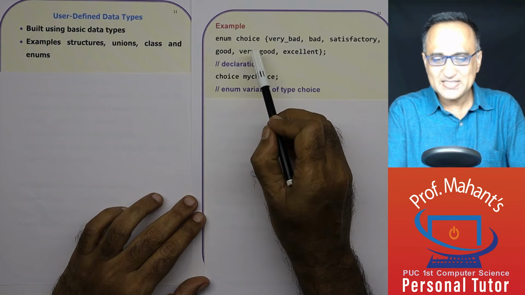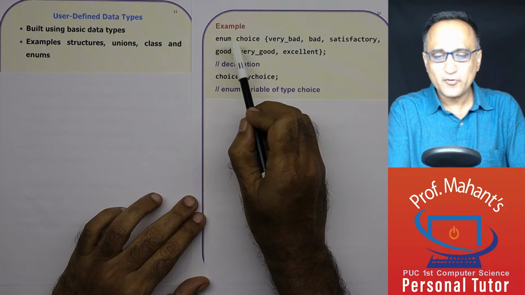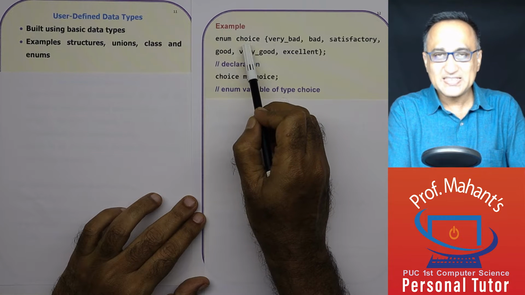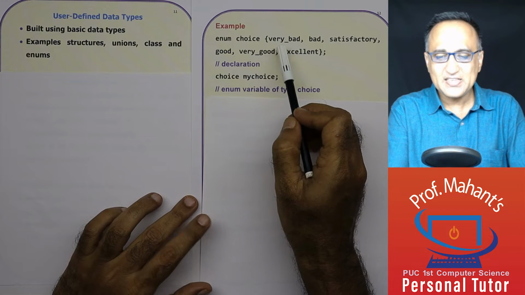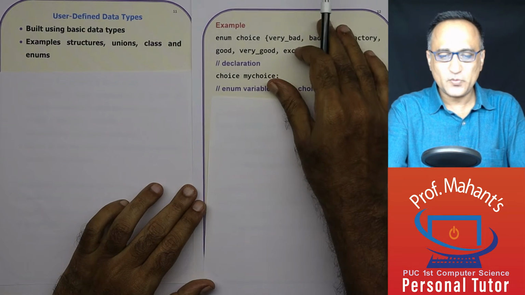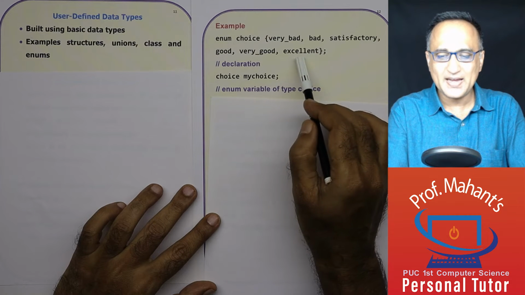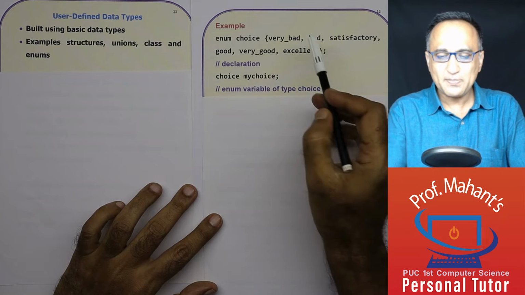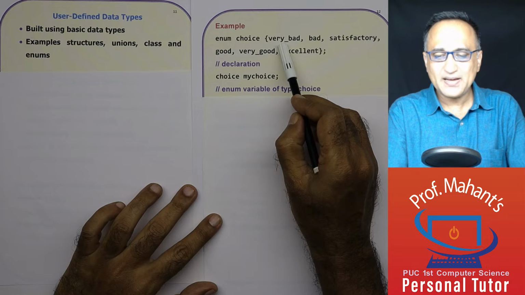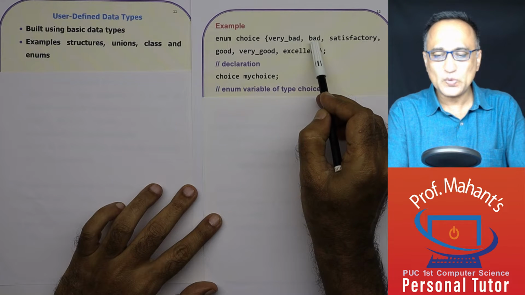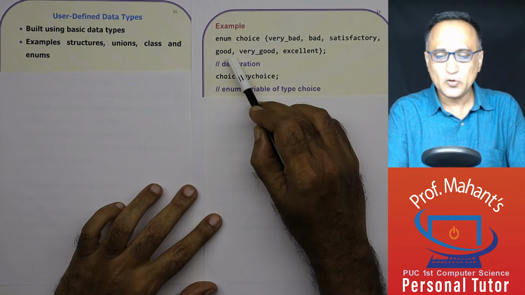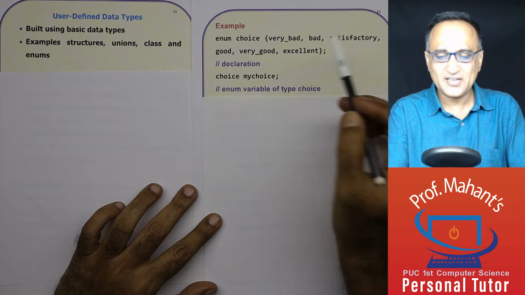So enum is a keyword for declaring a choice as a model containing the following constant values: very bad, bad, satisfactory, good, very good, and excellent. Internally, very bad takes the value 0, bad takes 1, satisfactory 2, good 3, very good 4, and excellent 5.